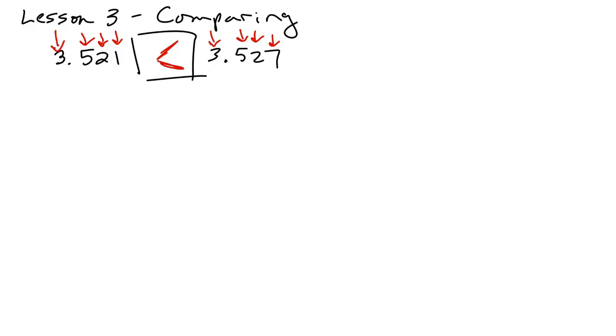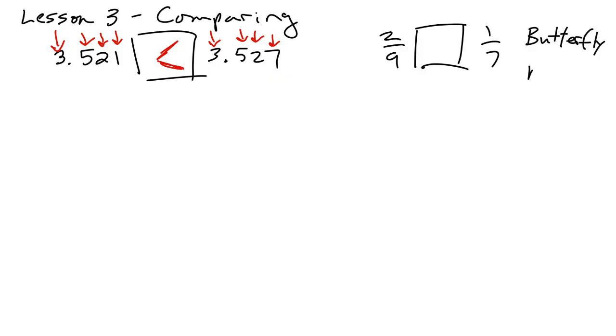If we had 2/9 and 1/7, and we want to know which of these is bigger, then we used what was called the butterfly method. And in the butterfly method, we cross multiply. 9 times 1 is 9. 7 times 2 is 14.